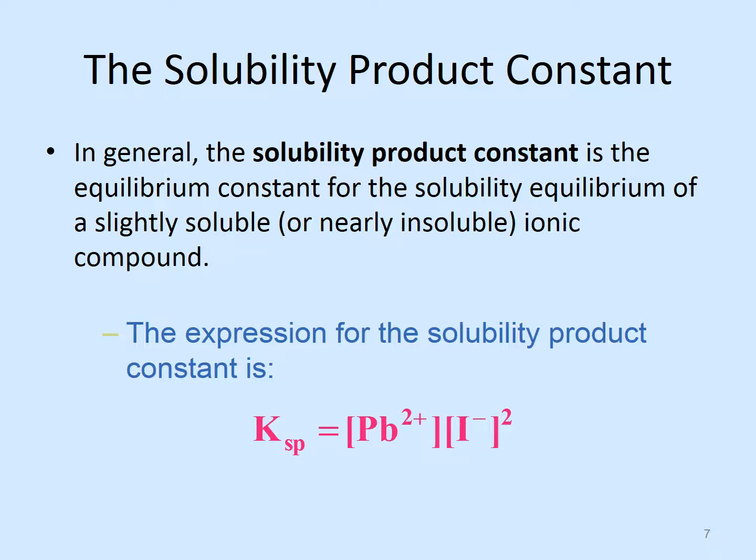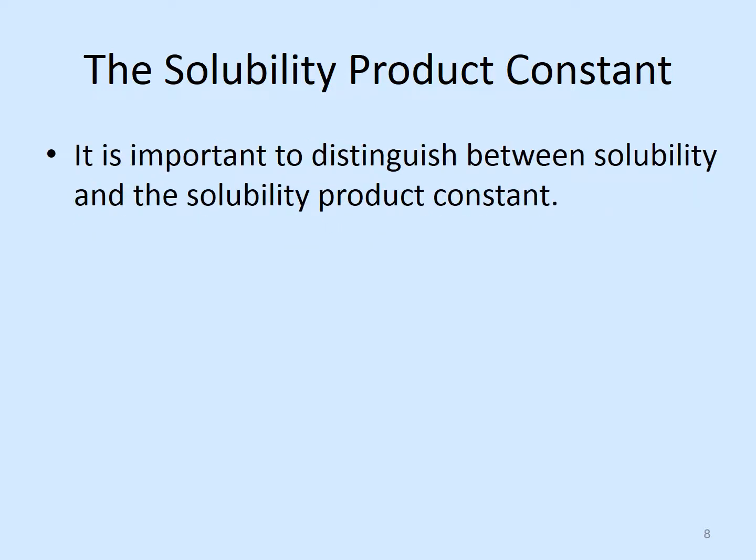So don't forget about the square, raising it to the power of the coefficient. We were really good at that in chapter 14, but then we got a little bit lazy with that in chapter 16 because acids are almost always one-to-one reactions. So make sure and go back and don't forget about raising the concentrations to the coefficients.